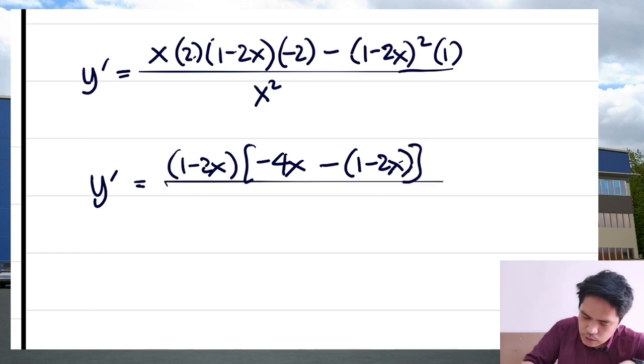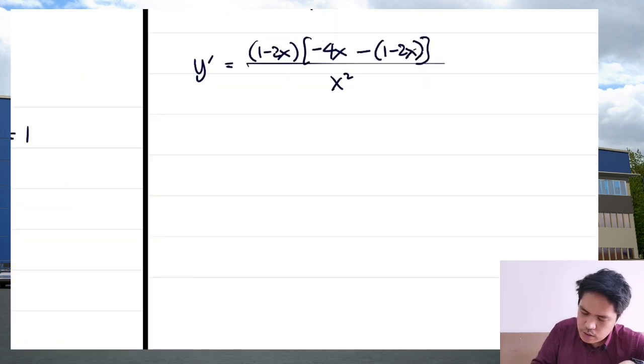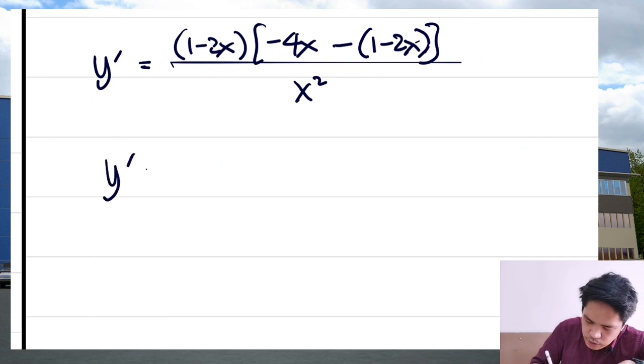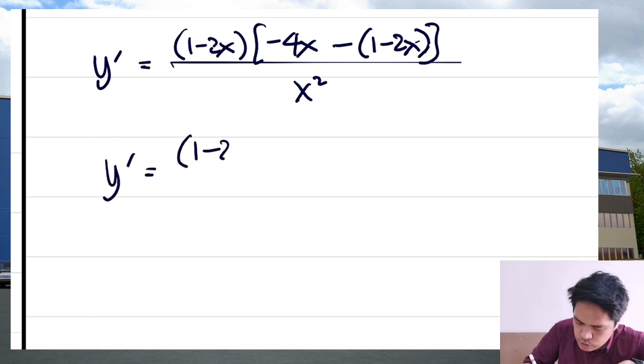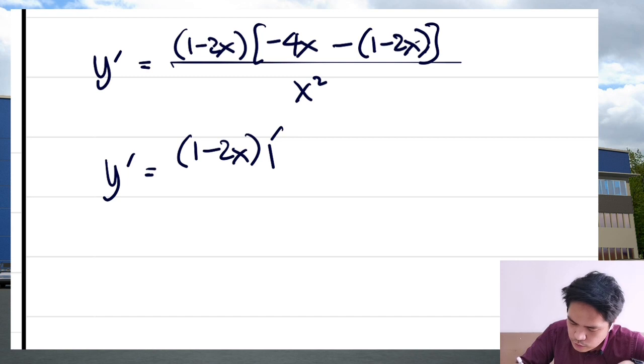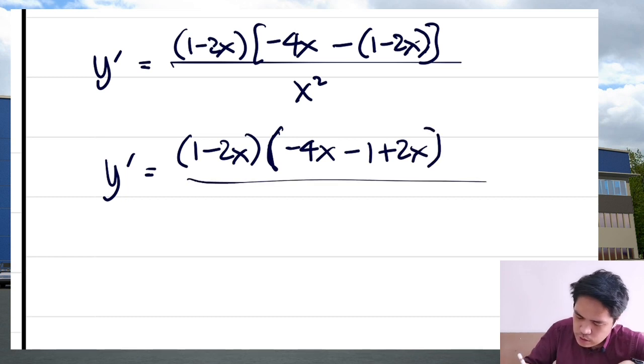Then divide all by x squared. Then simplify, we'll have y prime is equal to 1 minus 2x times, we have negative 4x minus 1 plus 2x. And we have x squared.